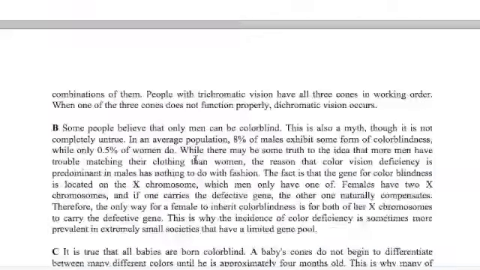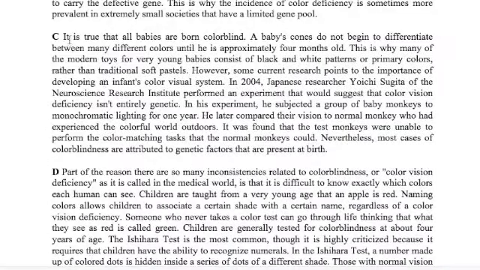Good. Section C. It is true that all babies are born colorblind. Babies, colorblind. Okay, babies are colorblind. A baby's cones do not begin to differentiate between many different colors until he's approximately 4 months old.